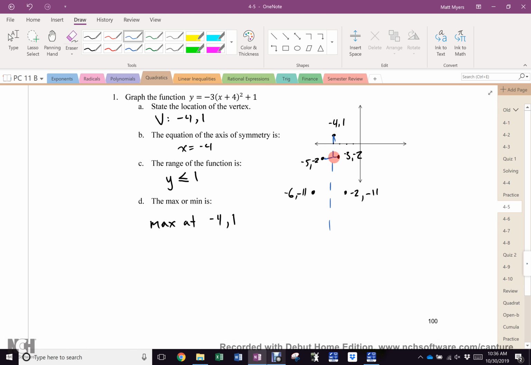I don't know anymore. These have to be 2 apart, don't they? Because they're 1 away from the vertex. So what do these have to be? 4 apart. What's the next one going to be? 6 apart. What's the next one going to be? 8, and so on and so on and so on.